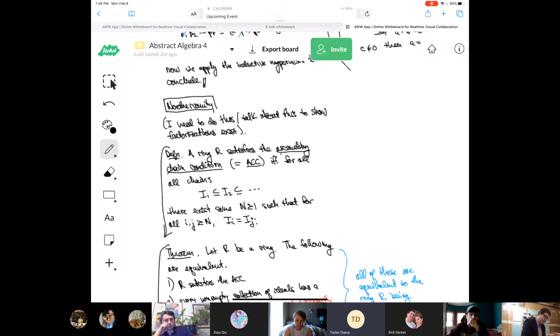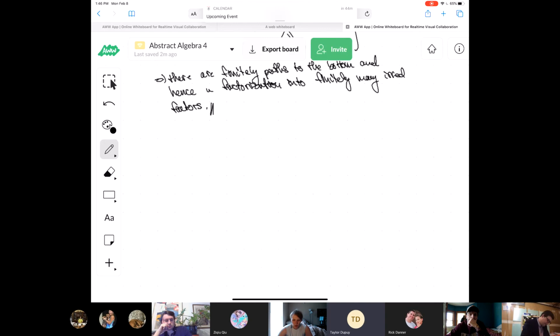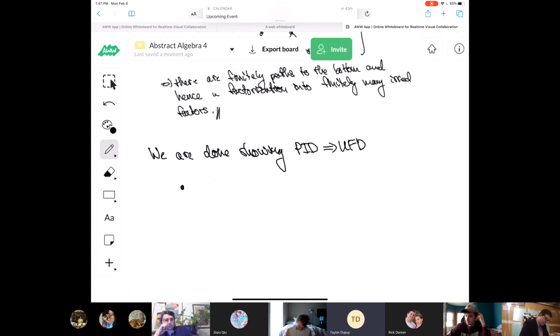Maybe I can say this. We are done showing PID implies UFD. So PIDs are Noetherian: all the ideals are finitely generated.